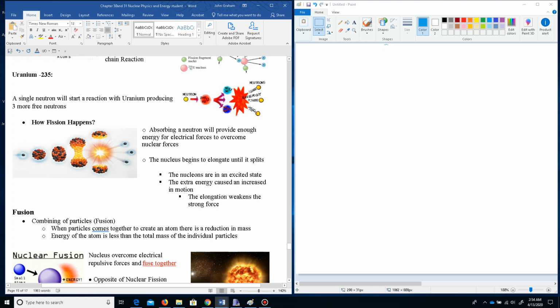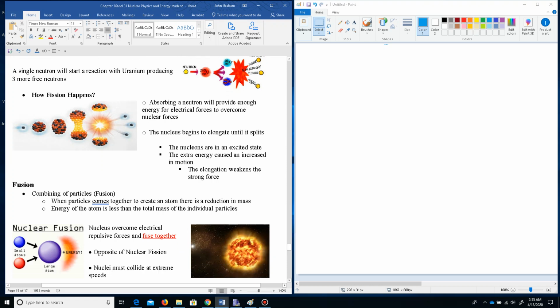These nucleons are in an excited state when this happens, and this extra energy causes an increase in motion, and this elongation weakens the strong force just enough that it can pull it apart. And so when it pulls apart, it releases energy, it releases neutrons, and then we can harness that energy from it.